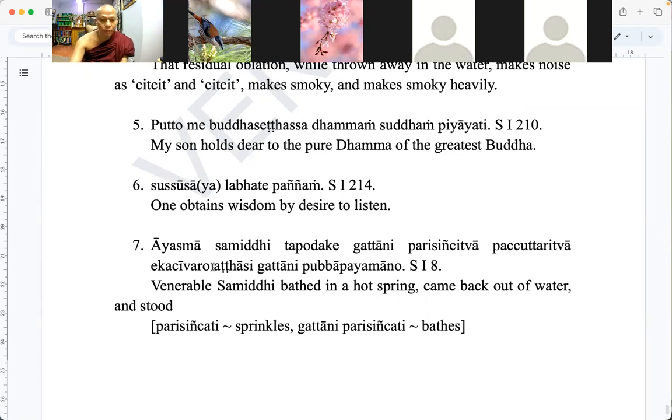And then ika jiwaro, which is actually a present participle, an adjective. Ika jiwaro means having a single robe, or being single robed, in this way.